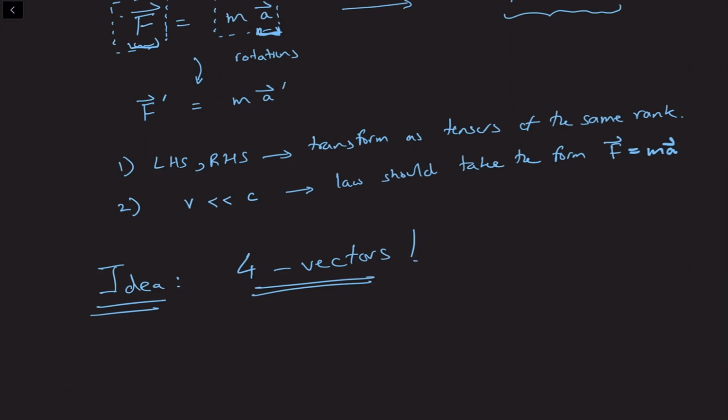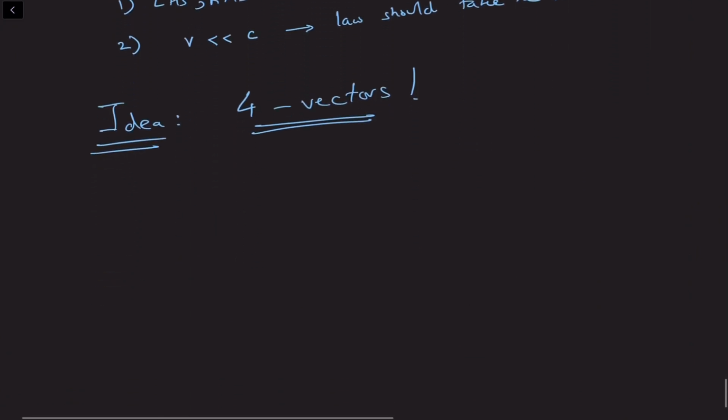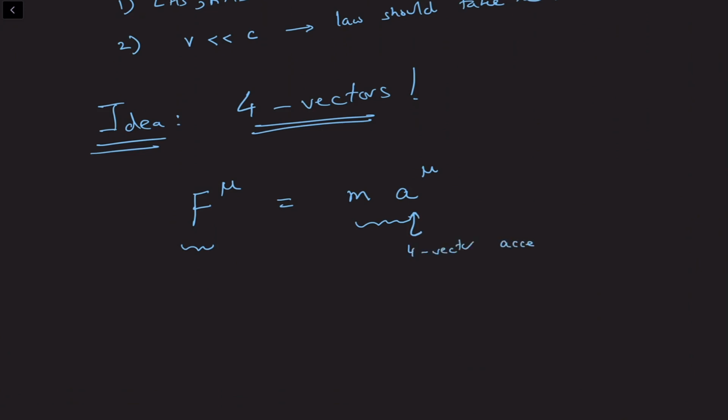So what we're looking for now is a generalization of the left-hand side and the right-hand side of Newton's laws. So something of this form. We need a four-vector F^μ, and we want to set this equal to mass times acceleration, where this is the acceleration four-vector, and this is some generalized force, which is a four-vector force.